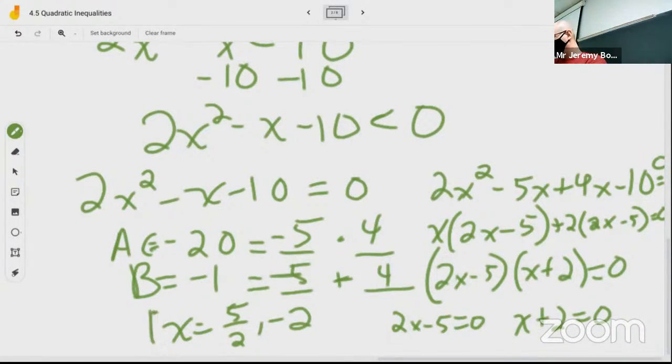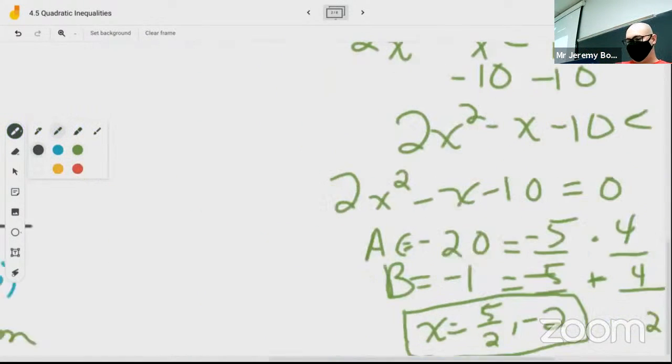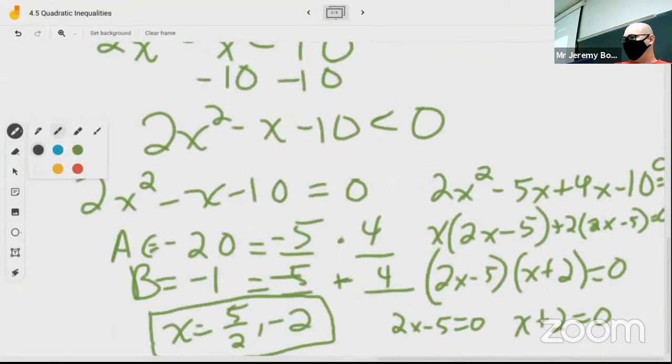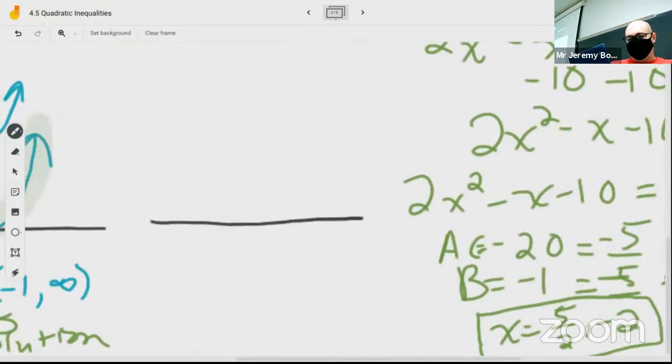So those are my intercepts. I have my answer, but they're important. So now we need to draw our stuff. I'm going to come over here to the left. Was anybody still copying this down? No, we're good. And I'm going to draw my graph.